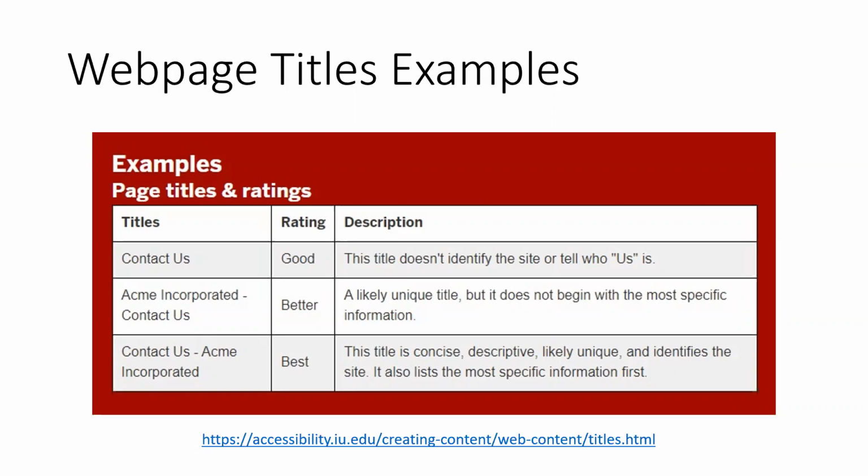If the title was changed to "Acme Incorporated - Contact Us," it is better. It is a more unique title, but it does not begin with the most specific type of information that a user would need. And in this example, the best version of this web page title is "Contact Us - Acme Incorporated." This title is concise, descriptive, likely unique, and identifies the site. It also lists the most specific information first.